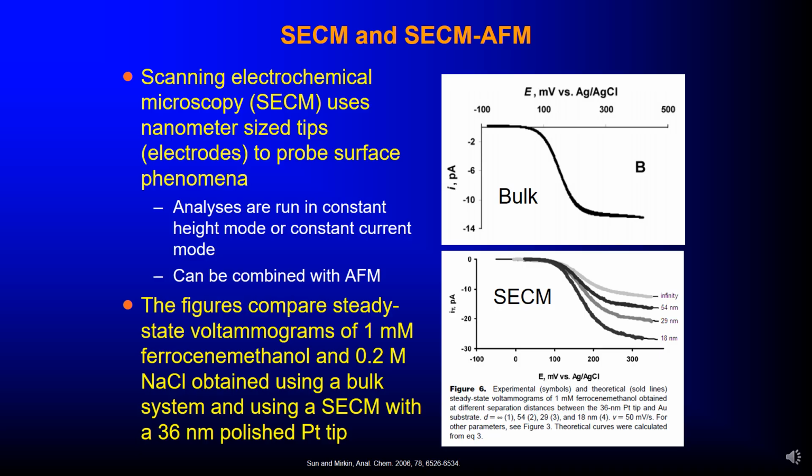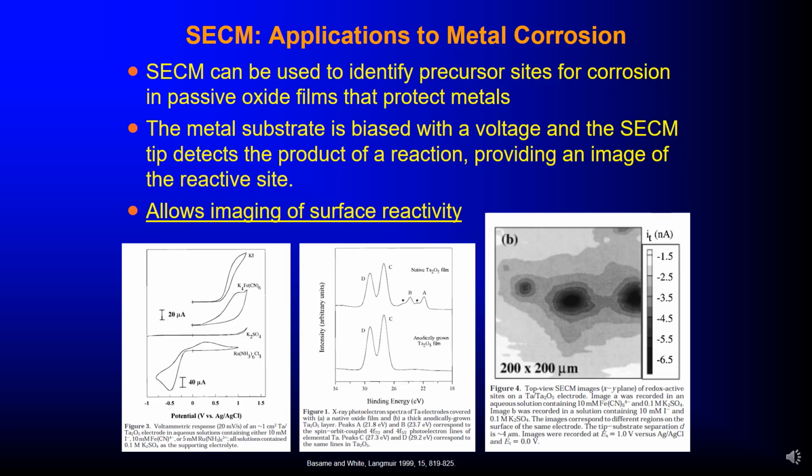So the metal substrate is biased with voltage, and the scanning electrochemical tips detect the product of a reaction, providing an image of the reactive sites. It allows imaging of surface reactivity, as we have just discussed.